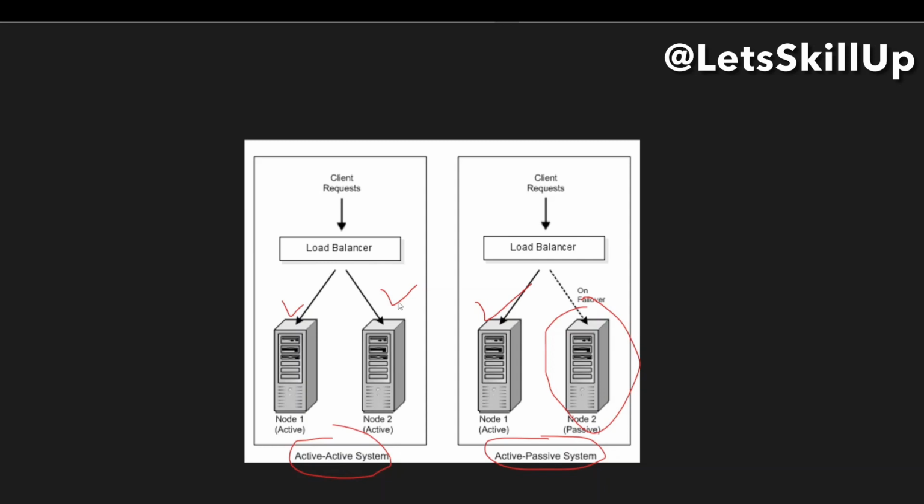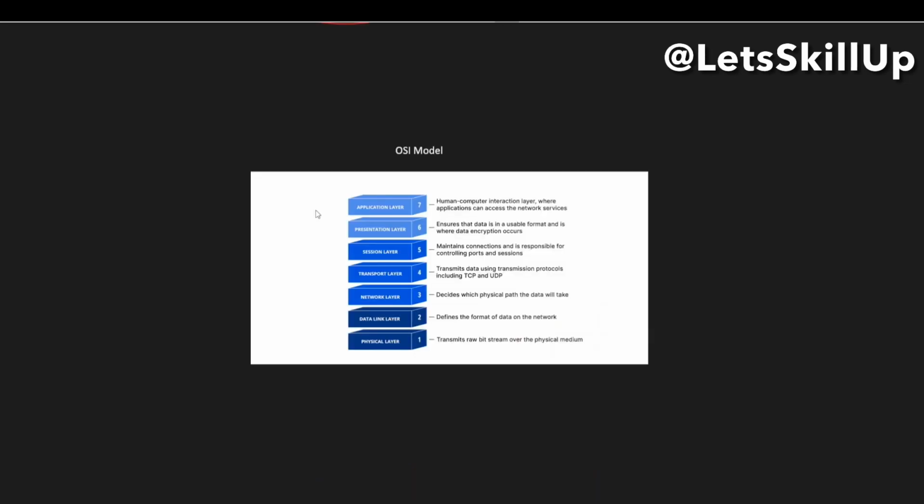There are layer 4 and layer 7 load balancers as well. They distribute requests based on the payload in the layer 4 and layer 7 in the OSI model respectively. To give an idea about OSI model, the OSI model describes 7 layers that computer systems use to communicate over a network.